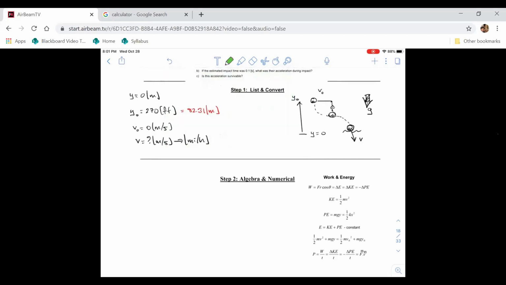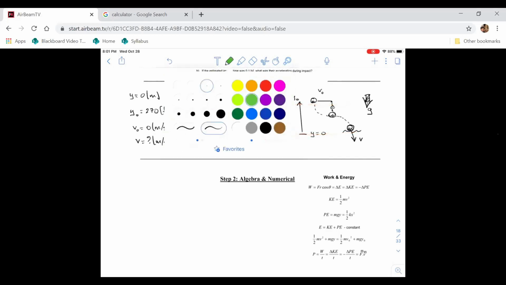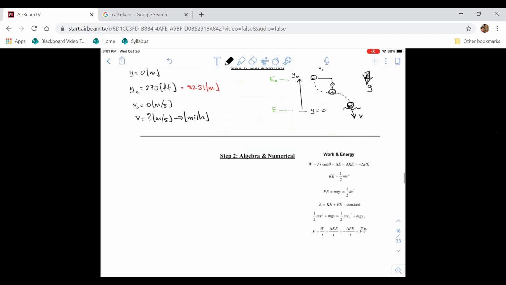Okay, so ignoring air friction. We can't ignore gravity. Mechanical energy doesn't change. Initial and final mechanical energies are the same. So assuming that gravity is the only force acting, initial and final mechanical energies are the same. So which means that the equation that we will get to use is this one. That's the only equation we can use.